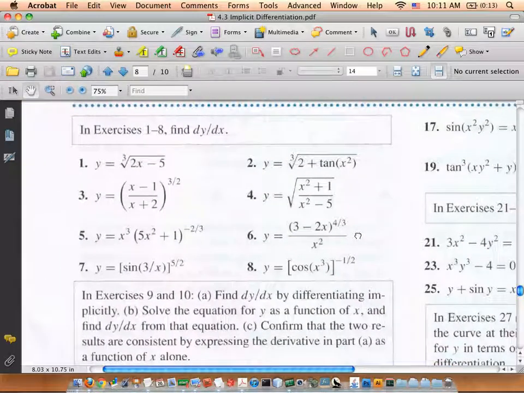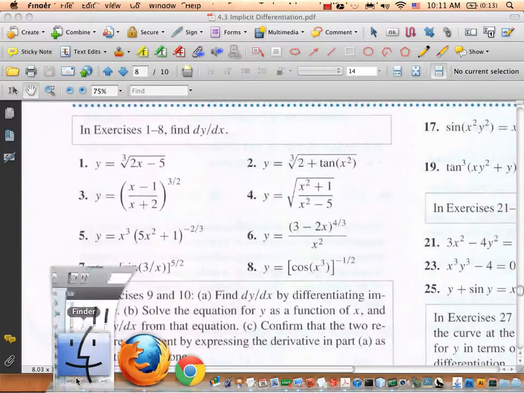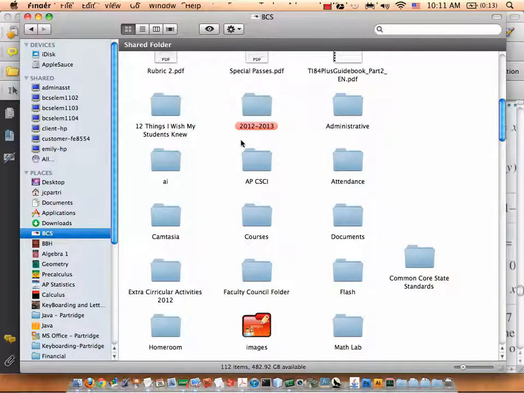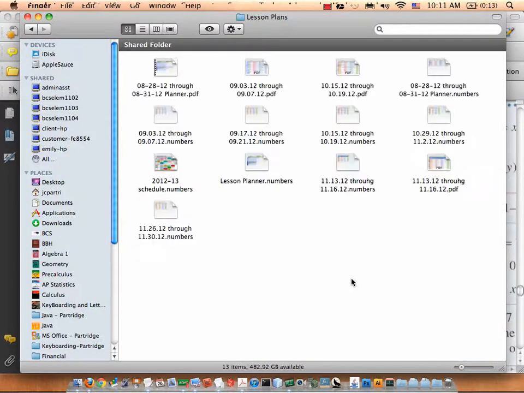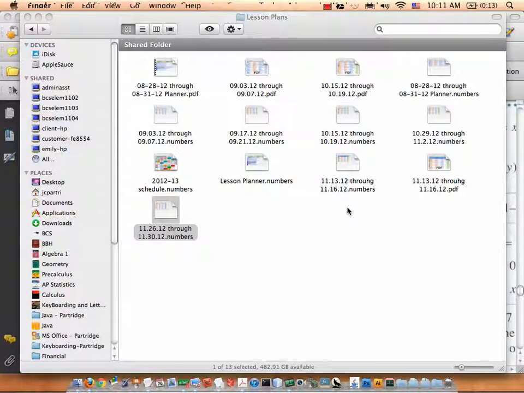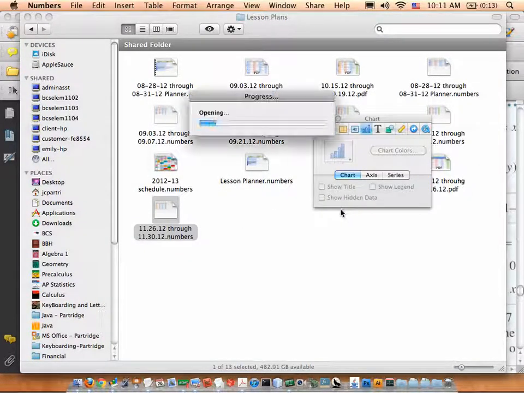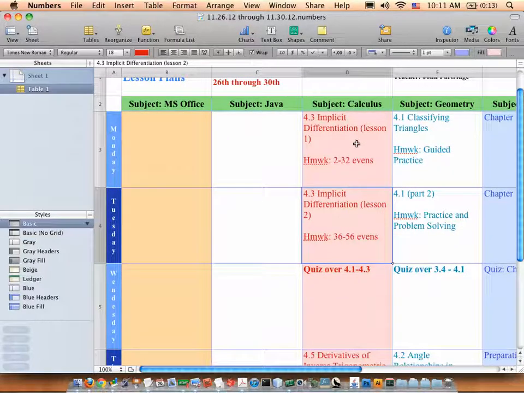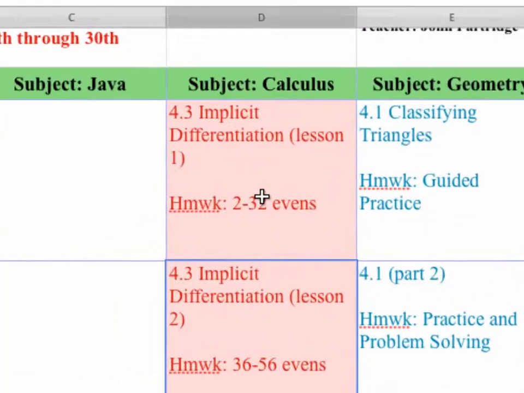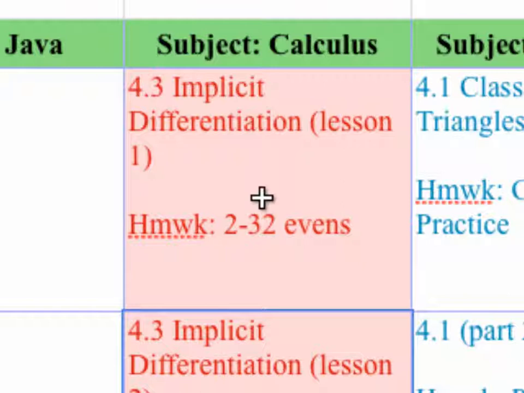Let me open this up real quick so that you know where we're going this week. This is going to go up on my board shortly too. In calculus this week, the homework tonight is evens, 2 through 32.